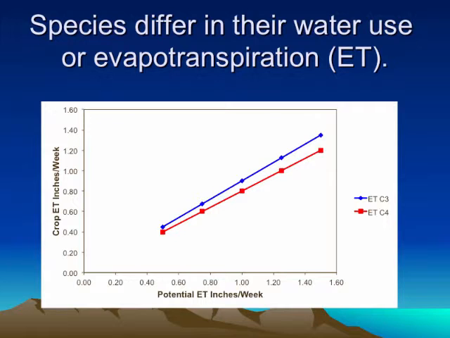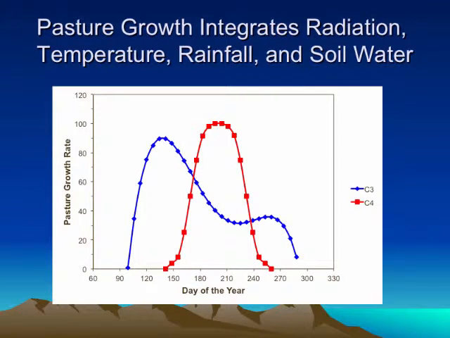So we have two relationships here: response to air temperature and response to their need for water. And those two responses are what give us these two different growth curves. And those are pretty major differences in growth curves, aren't they? But it was only because of two major factors, plus the sunlight.